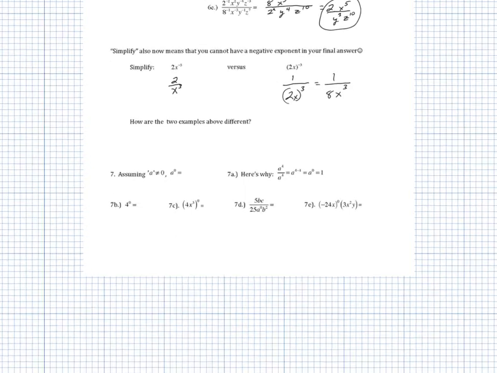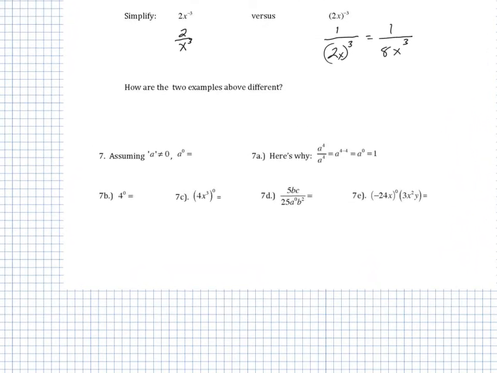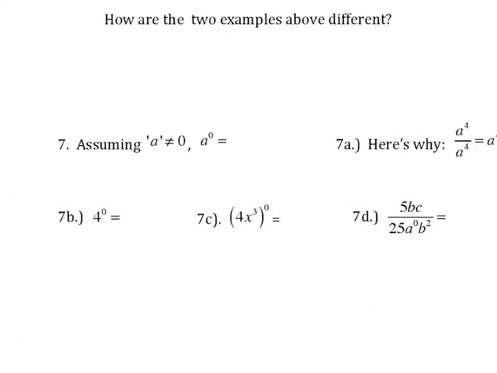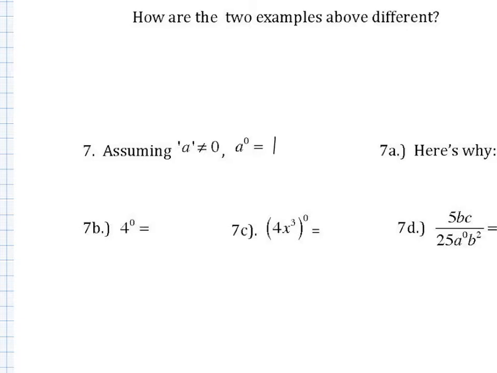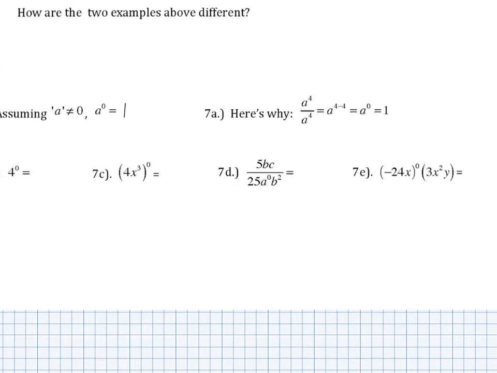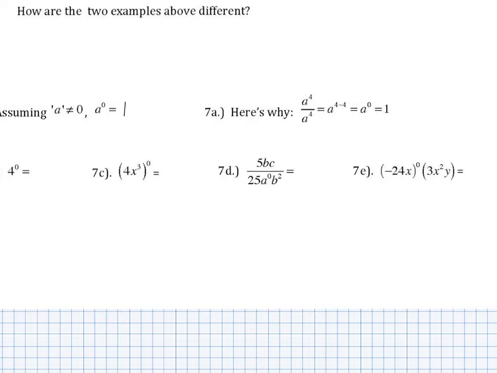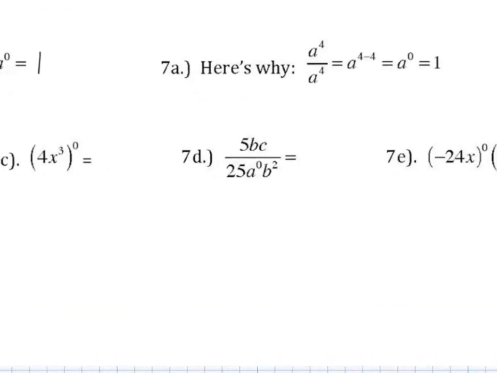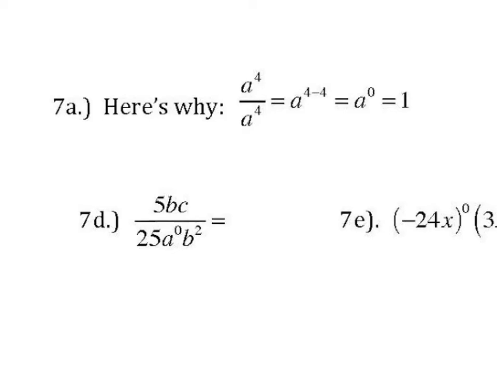Almost there, guys. Now, this is the next section. It's telling us that a to the 0, anything to the 0, is going to be equal to 1. And it asks, what about 0 to the 0? Over here is a cool little demonstration of why this works.